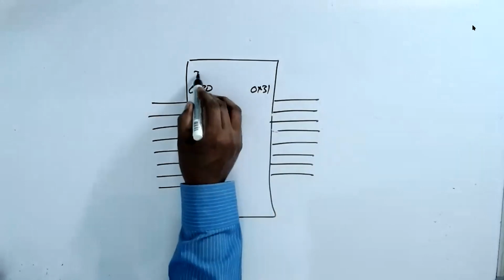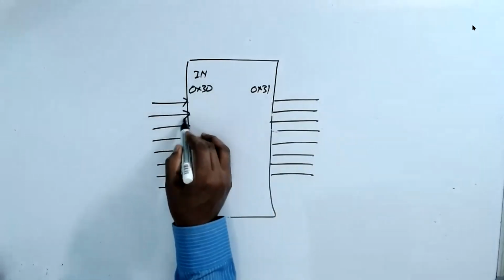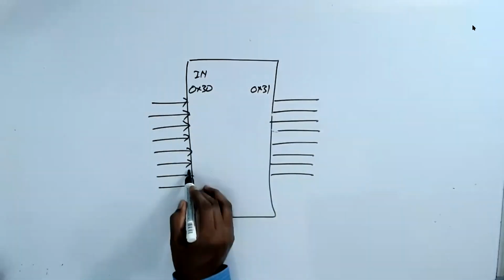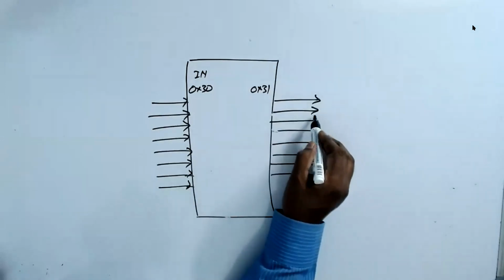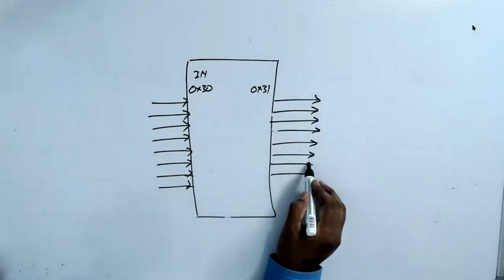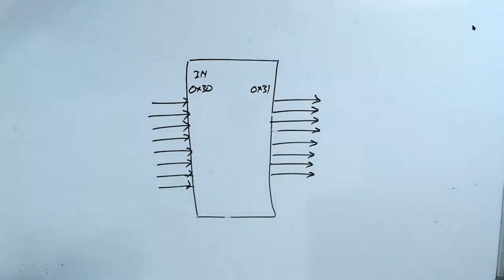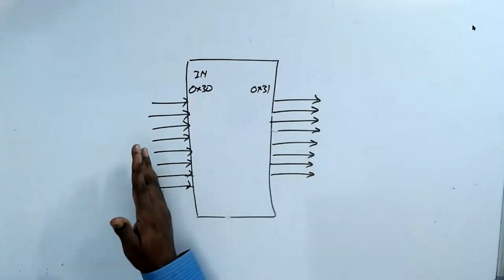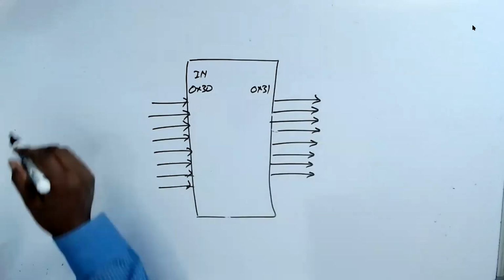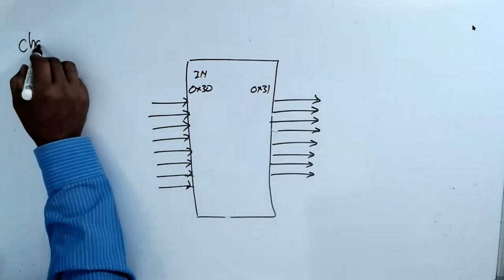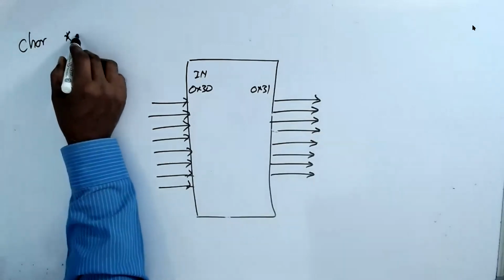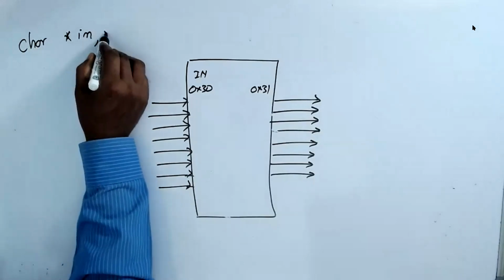I'm just assuming that this is the input port, and I make the other port an output port. This is a small microcontroller, and I have an input port. Now, if I write a program: char star in, comma, char star out.